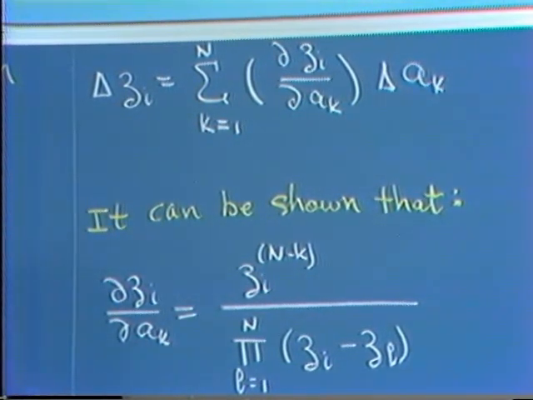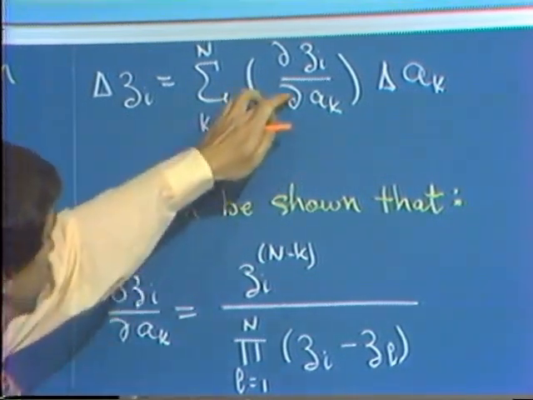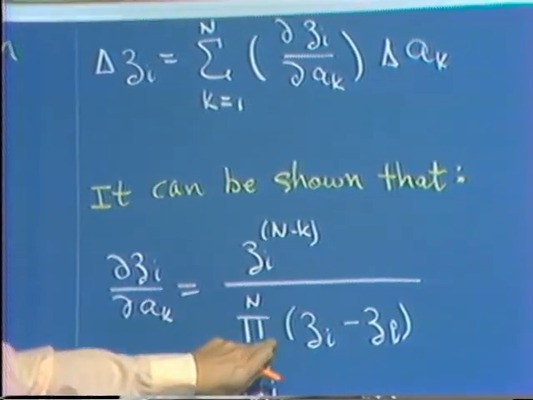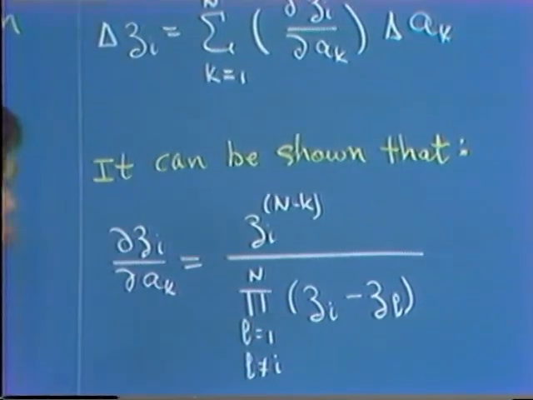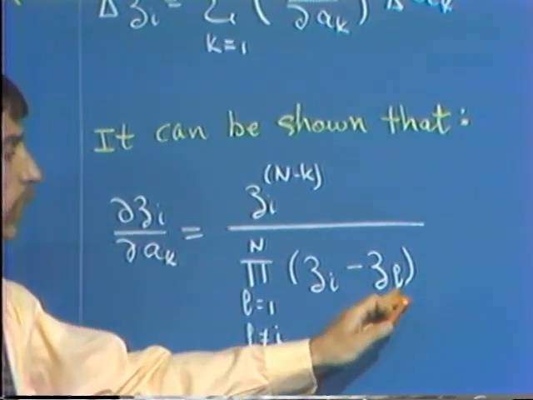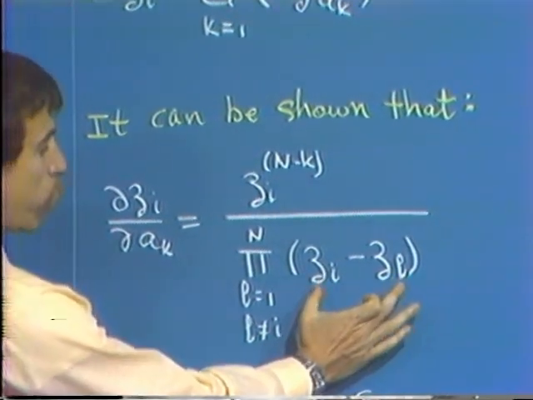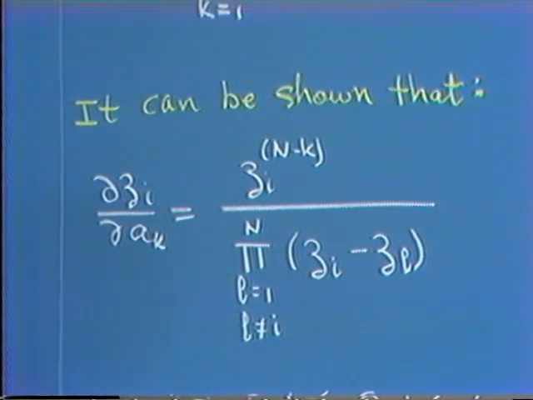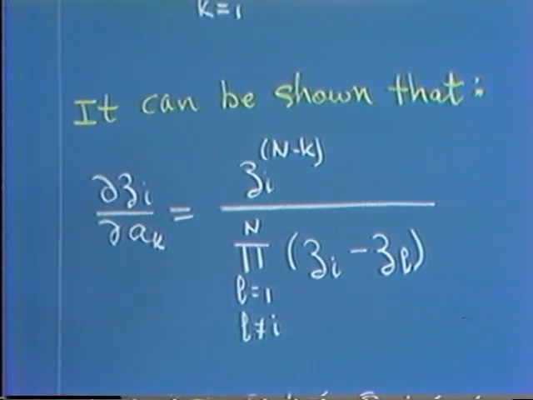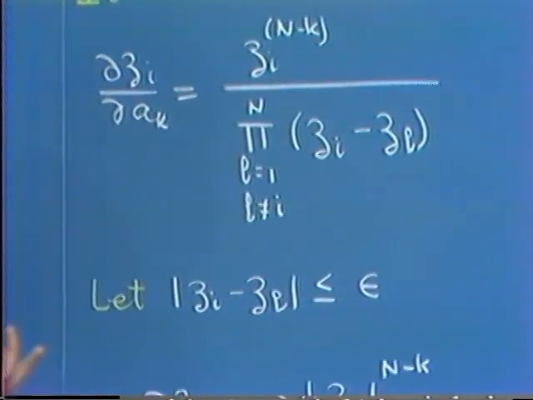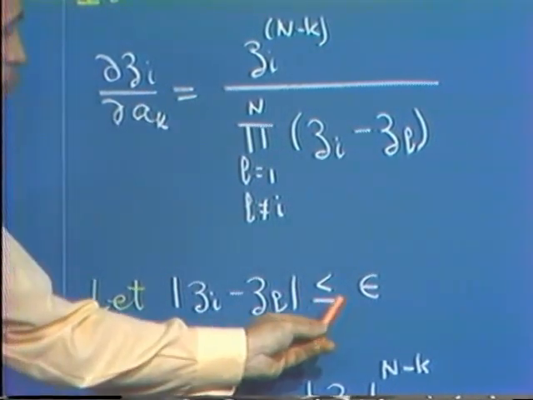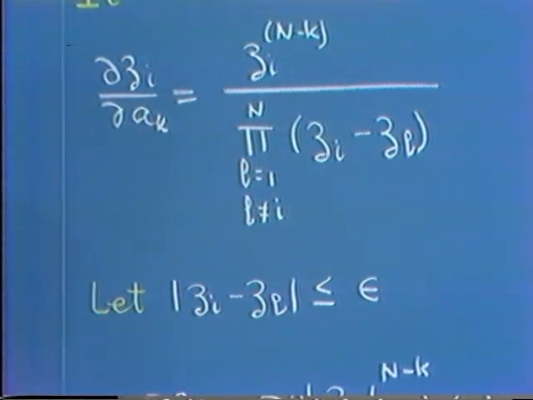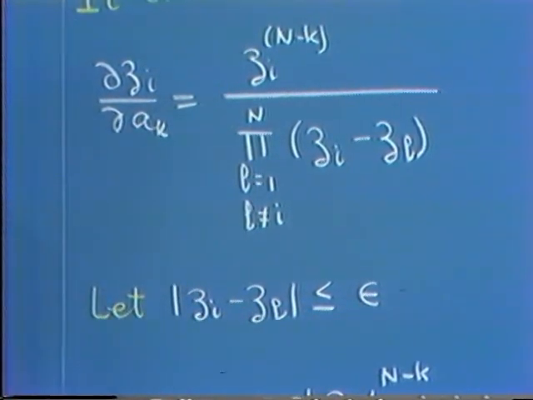But basically, the result is that this partial derivative can be expressed in this form, where the important thing to focus on is that what's involved in the denominator is the product of the differences in the pole locations. Let's assume, for example, that all of the poles are clustered inside a circle of radius epsilon. In other words, the largest distance between the poles is epsilon.